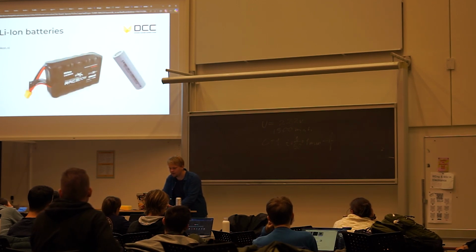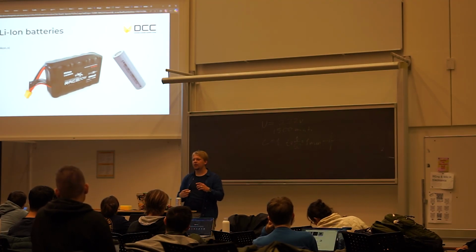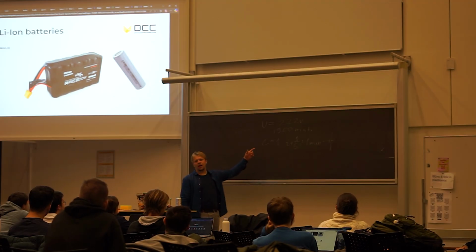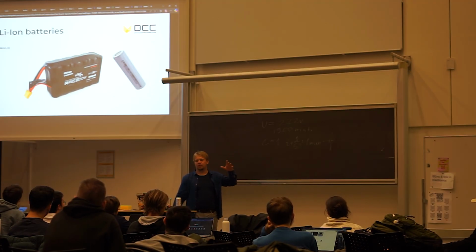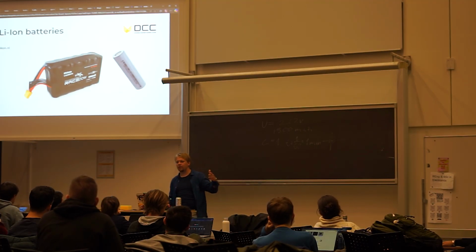Now let's go to lithium-ion batteries. The difference is lithium-ion batteries are rolled, they're way more dense, so for the same weight they will often have a higher capacity rating. That means you are able to fly or drive way farther quite often with lithium-ion.